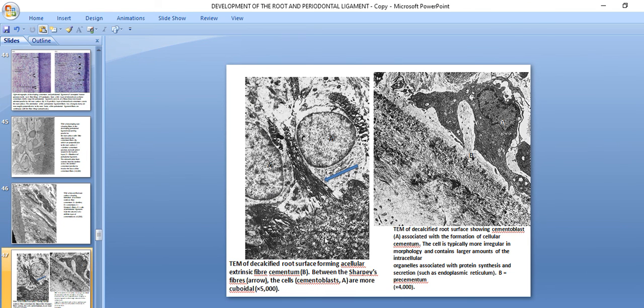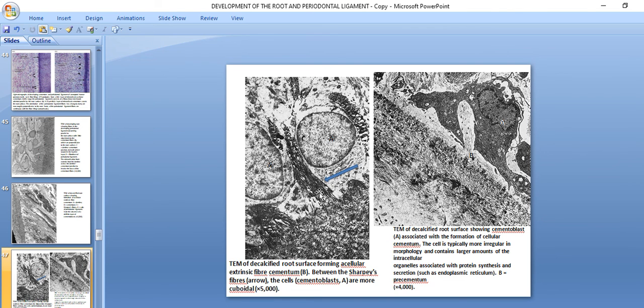These are the Sharpey's fibers, extrinsic fibers, and this is the decalcified root surface forming acellular extrinsic fiber cementum.